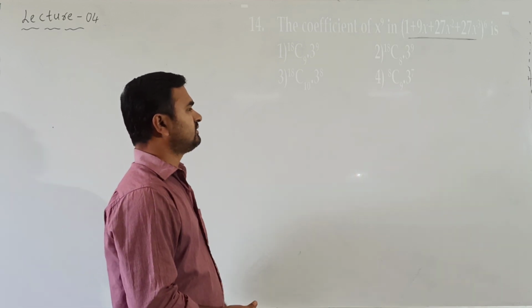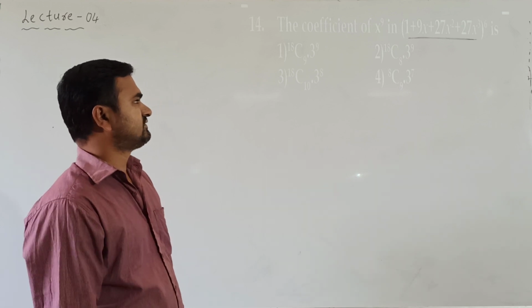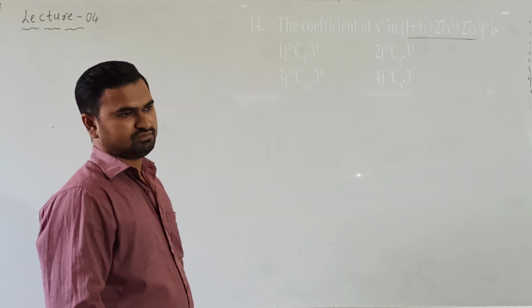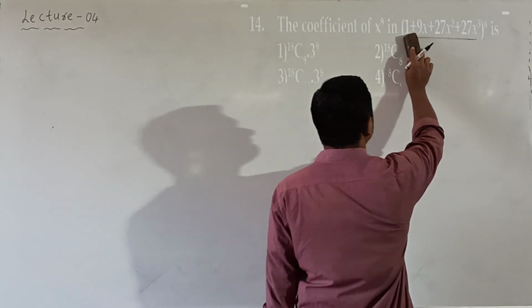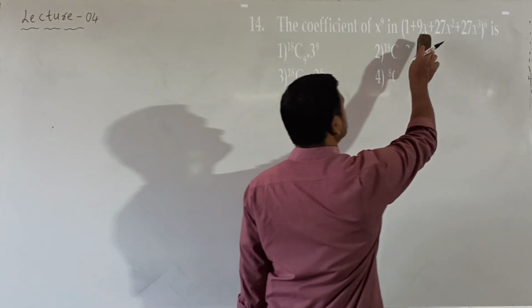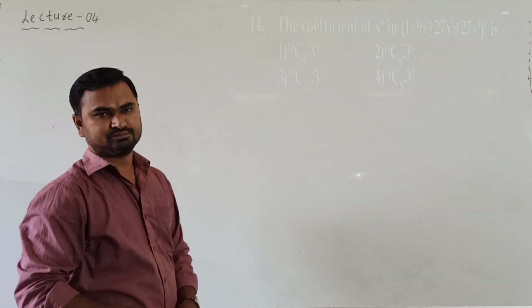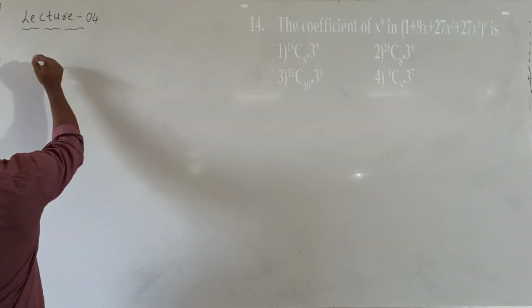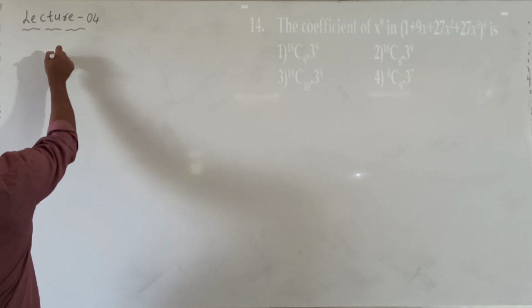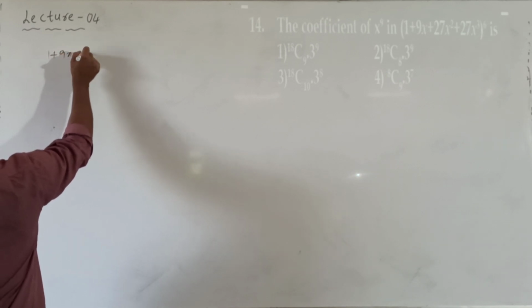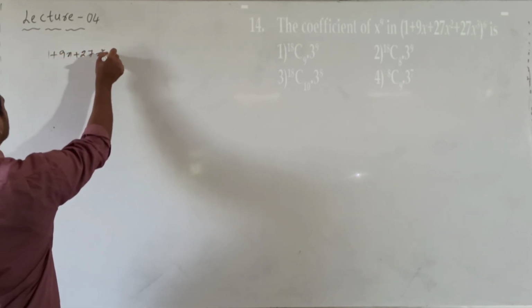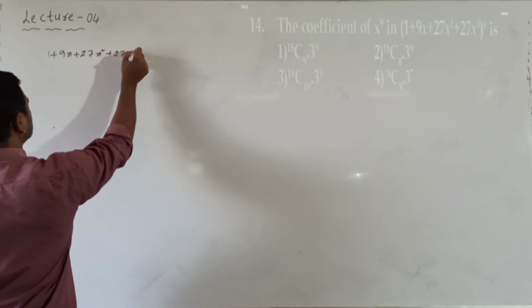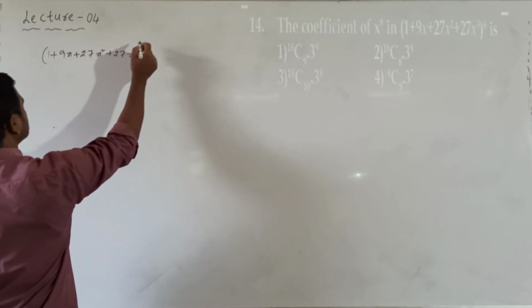So 1, 9x, 27x squared, 27x cubed. If you observe, it is in the form (1+3x)^3. So what is the given expansion? (1 + 9x + 27x^2 + 27x^3)^6.